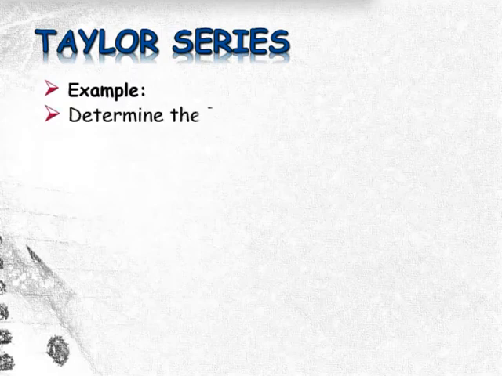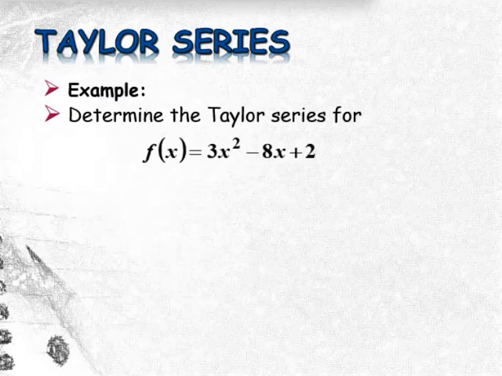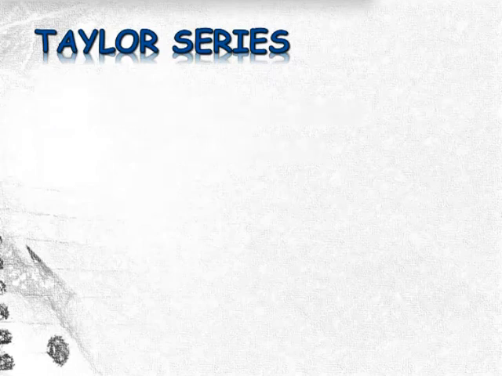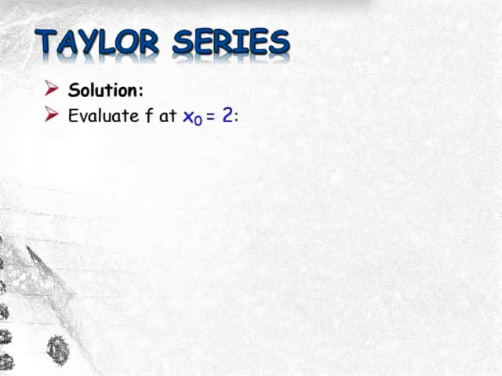Example 1: determine the Taylor series for the function f of x equals 3x squared minus 8x plus 2 about x equals 2. To find the series, we have to evaluate the function and its derivatives at x sub 0 equals 2. First, evaluate the function at x sub 0 equals 2.